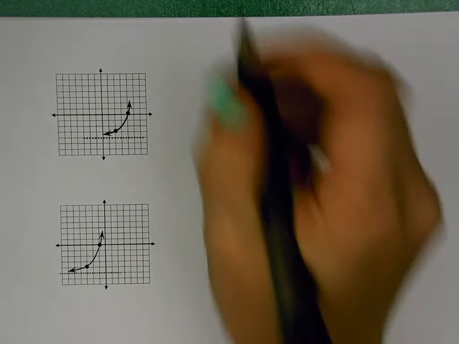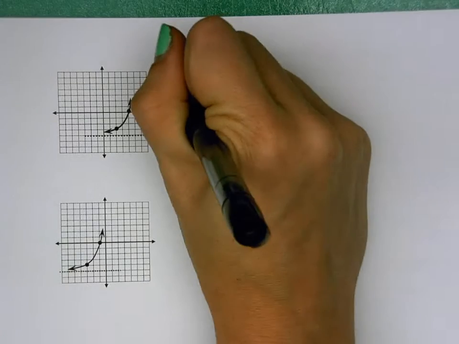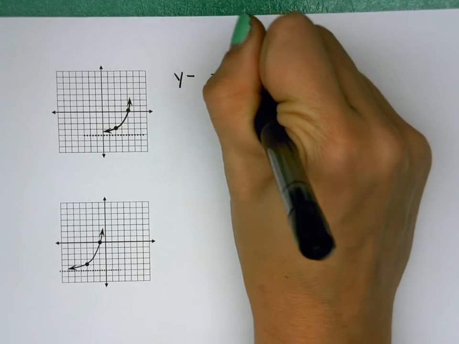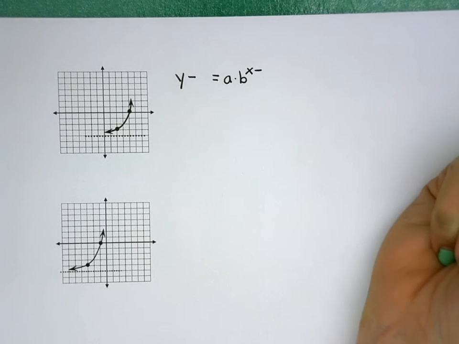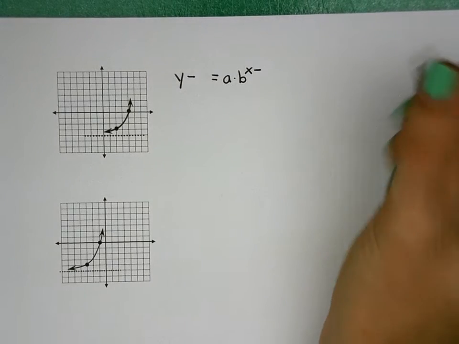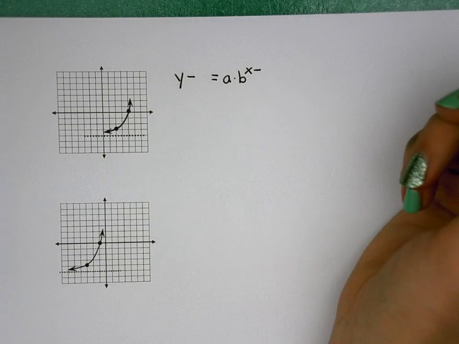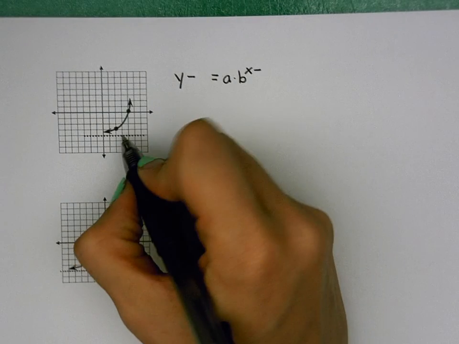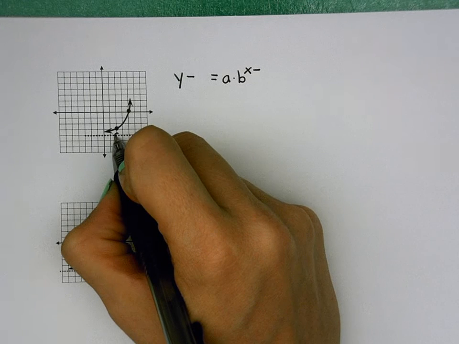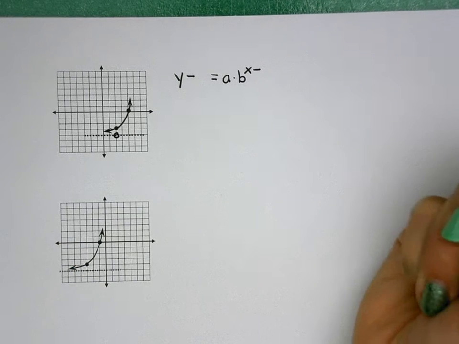Okay, so my exponential, we have y minus my y1 equals a times b to the x minus my x1. Now remember, with your exponential, my initial point here, my hk, comes from my asymptote. And so I'm actually going to be looking below this coordinate point for my hk on my starting point.